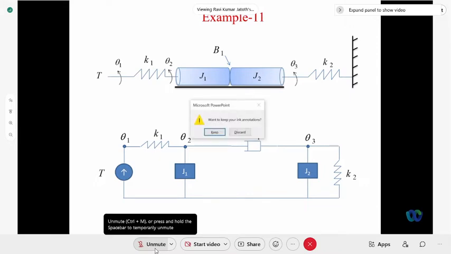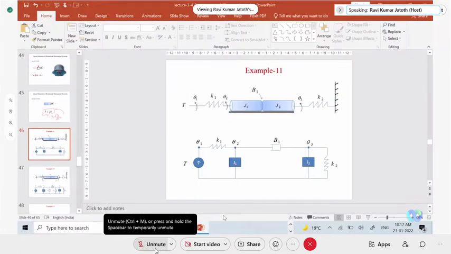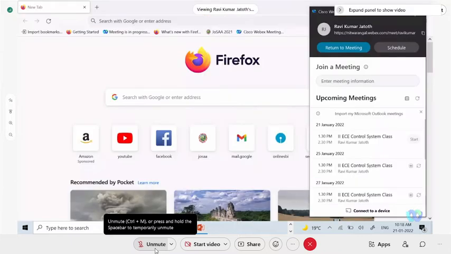We'll try to take an example from the book itself.